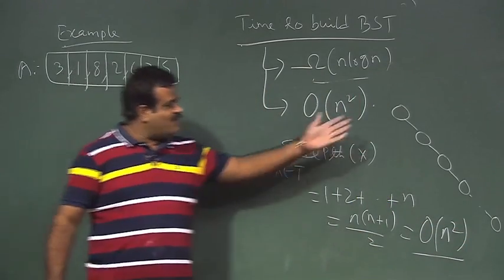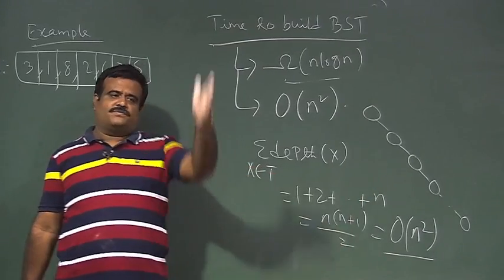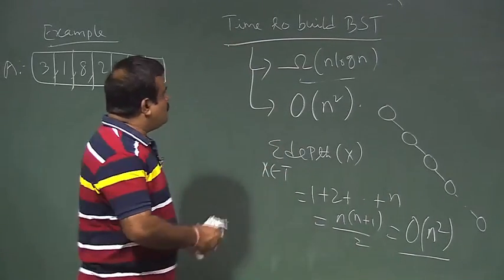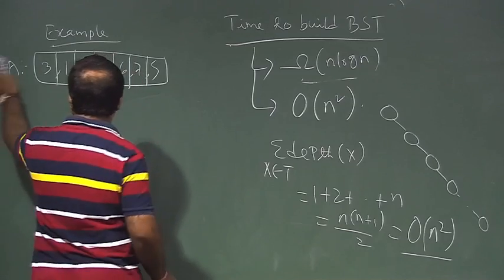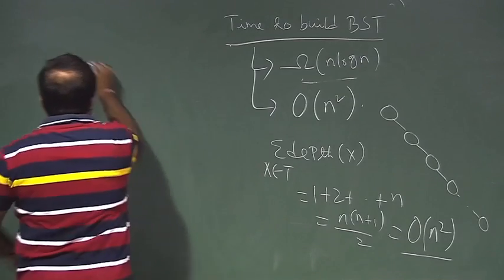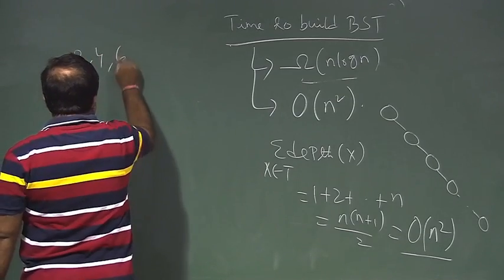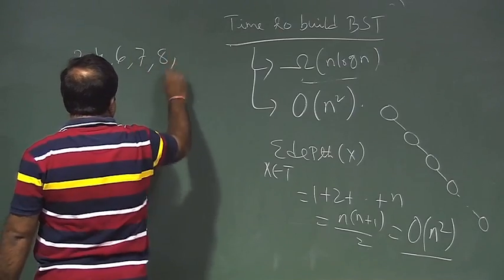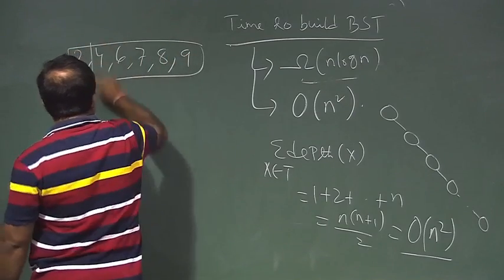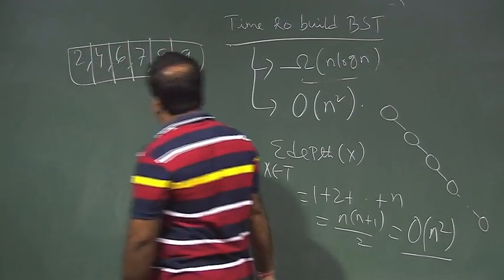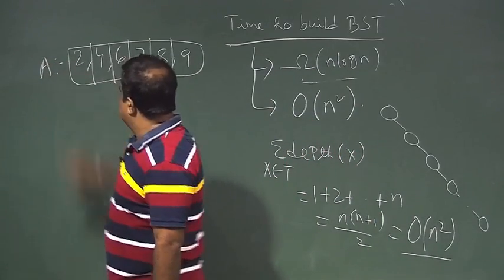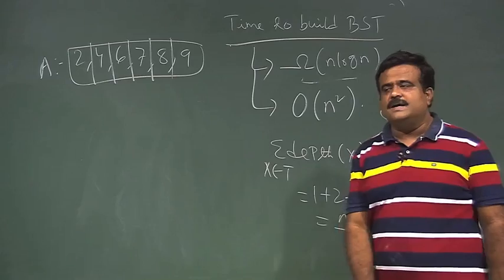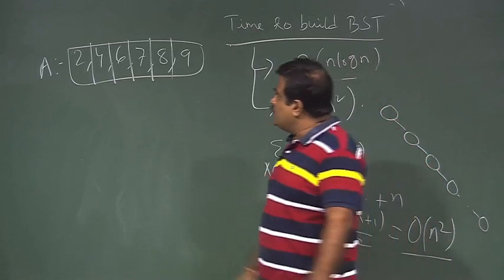If the tree is a bad tree, that means if our numbers are in ascending or descending order, suppose we are given numbers like this, say 2, 4, 6, 7, 8, 9, suppose this is our input, sorted, our array is sorted already. Then what is the tree? The tree will be like this.